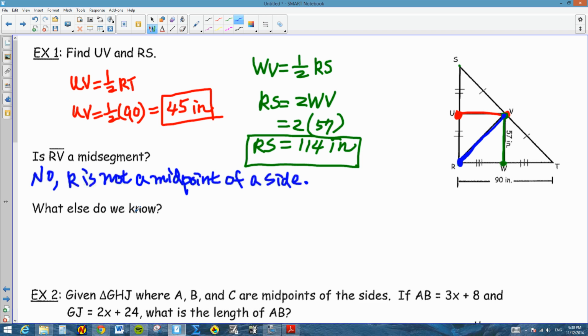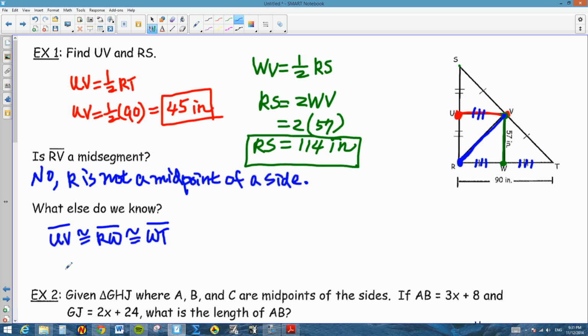What else do we know about that? Okay, notice that UV is actually congruent to RW. This is congruent to that. So we can conclude that UV is congruent to RW and also congruent to WT.